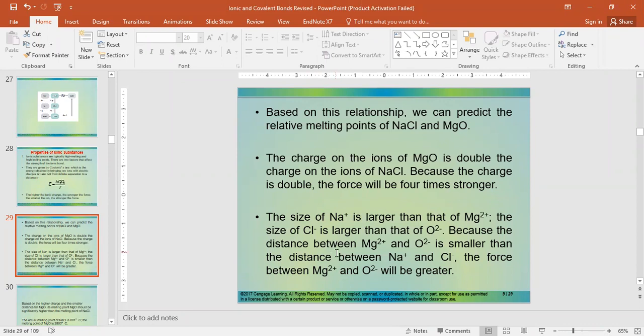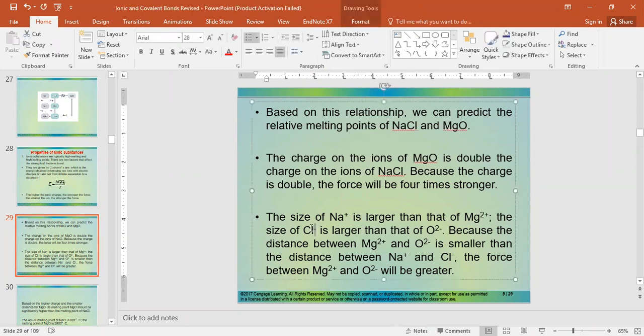And it is for the same reason, because we are talking about extra shells being added. So you would also expect the size of a chloride ion to be bigger than the size of an oxide ion. Is it clarified?